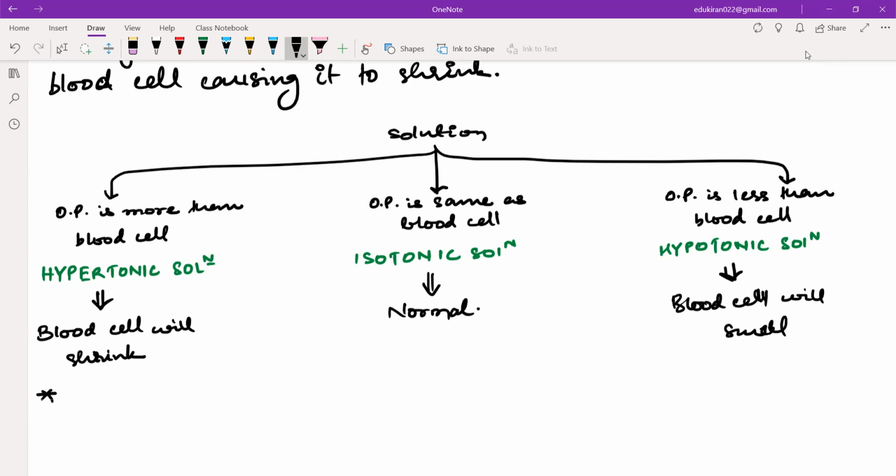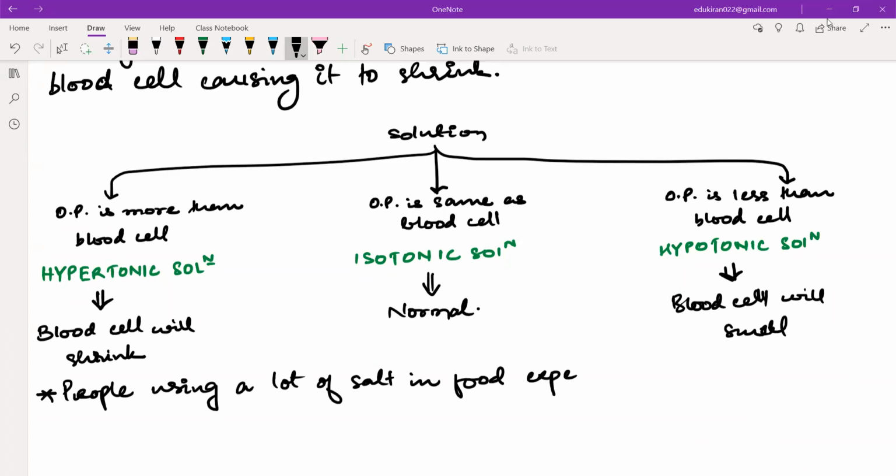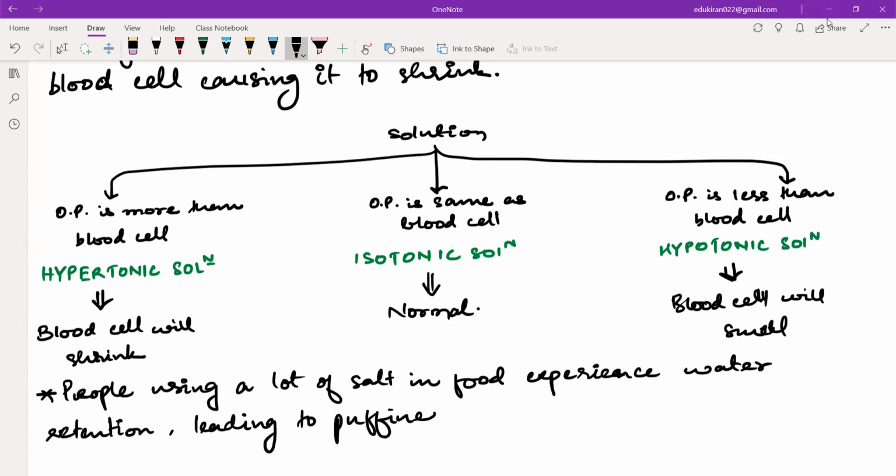Also write a point. People using a lot of salt in food experience water retention leading to puffiness.